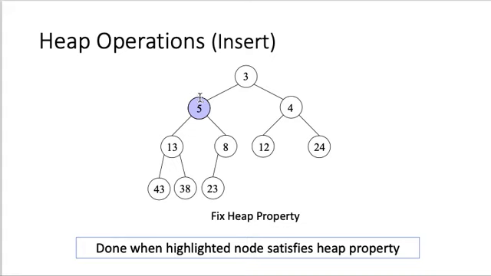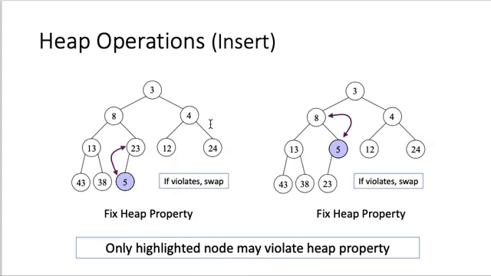After the swap, we will find out that 5, the highlighted node, now has the correct heap property with the parent node. So in that case, the operation will end. So we basically move the newly inserted node, the highlighted node here, up to a location such that everything works.